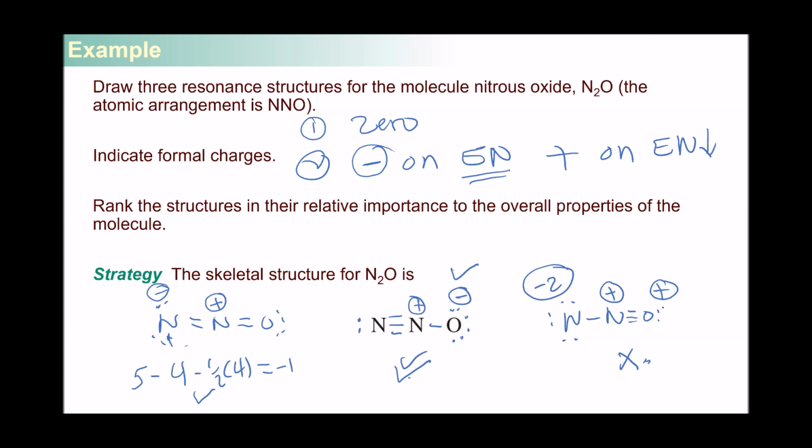Lewis structures are very useful, as we can see, in describing the actual connectivity. For example, it told us here that nitrogen is in the middle, not oxygen, right? And if you measure the actual structure of that compound, you will indeed find that nitrogen is in the middle, right?